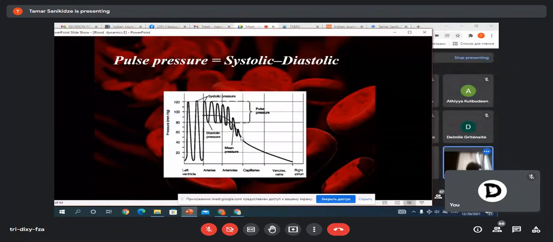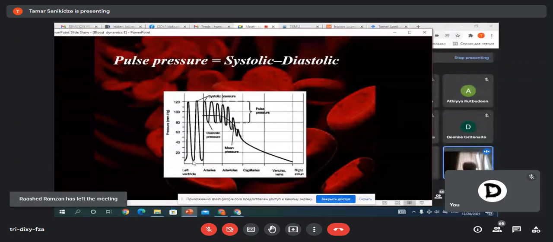Do you know? Due to the resistance of the aorta. The aorta cannot be widened to the size of the ventricle. Is this clear? That's why the diastolic pressure in the aorta is 80, whereas in the ventricle it falls down to less than 20.